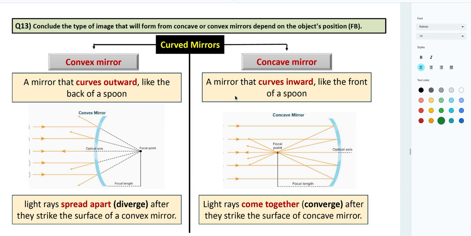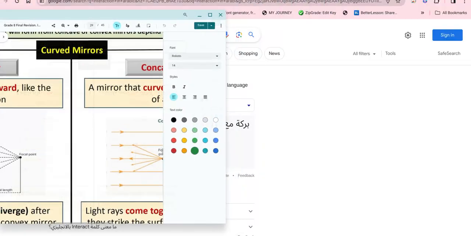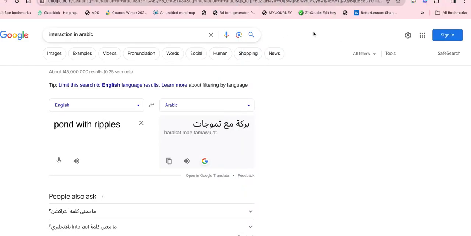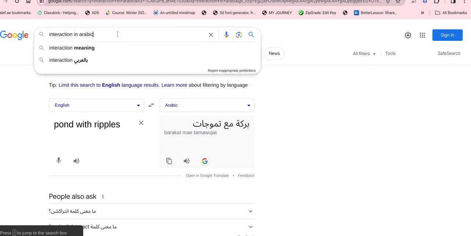A convex mirror is a mirror that is curved outward. So it's curved outward. These are the mirrors that we see sometimes in the garage or parking lots.